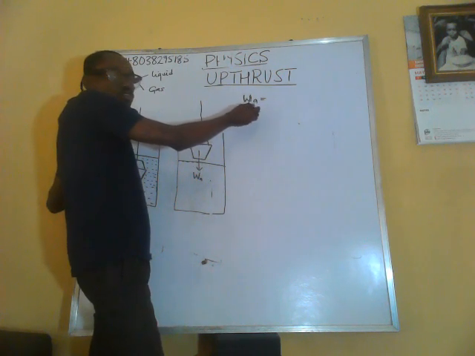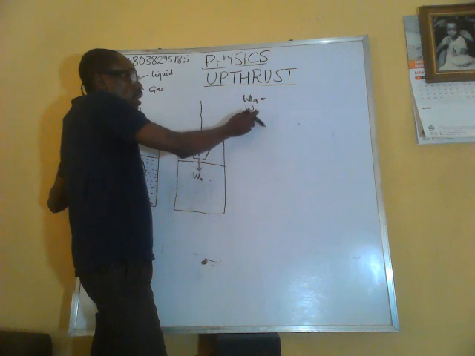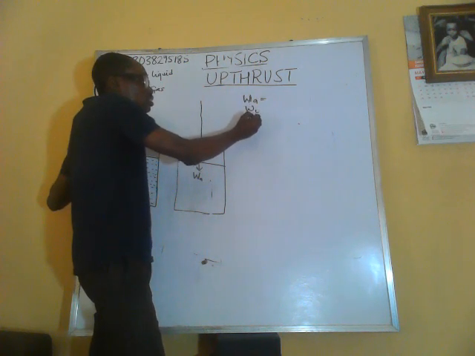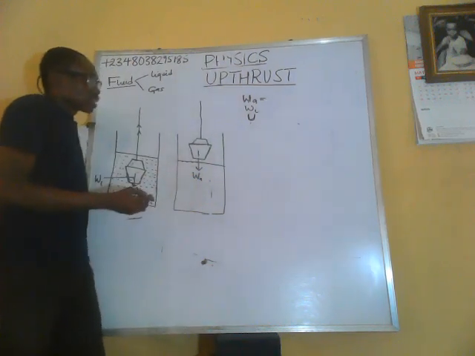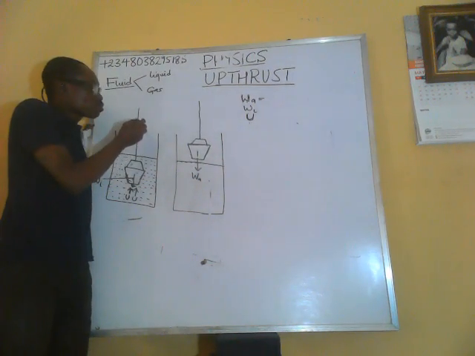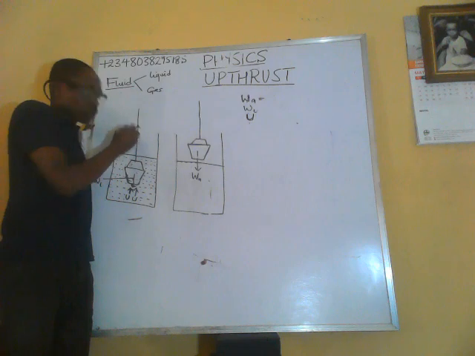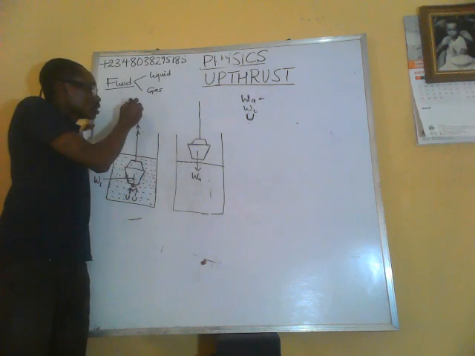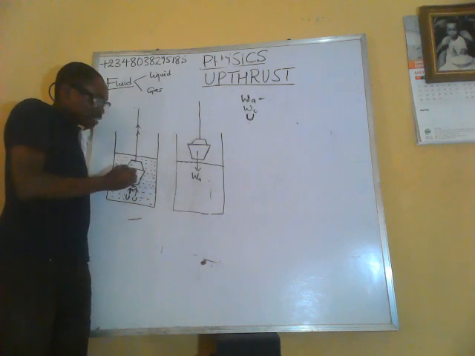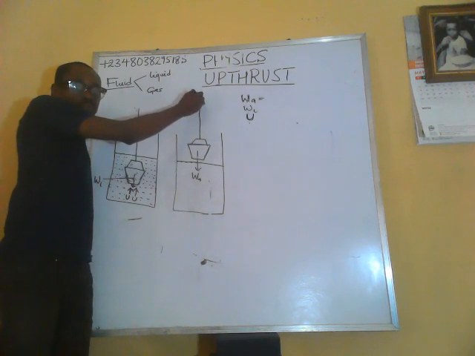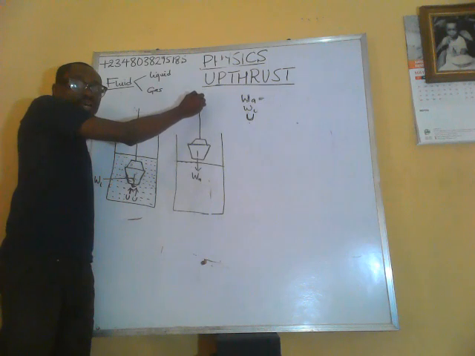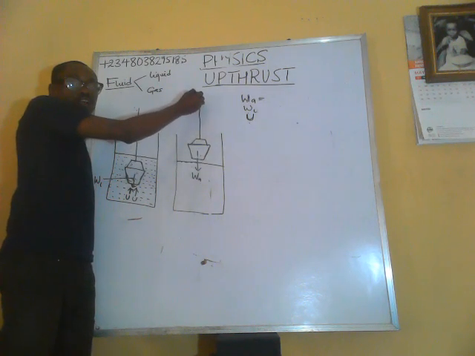That's why I'm using W sub L. And if U is representing the upthrust, if you were using a spring balance to check the weight of this bucket while it is submerged, the reading will be smaller than the reading the spring balance is going to give you when the bucket is out of the water.